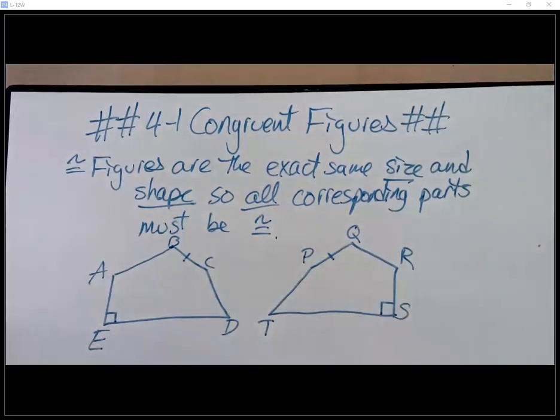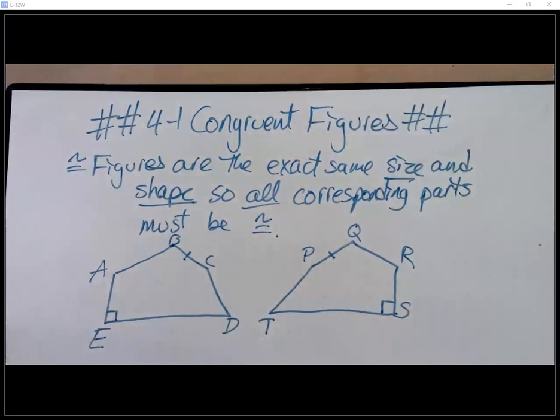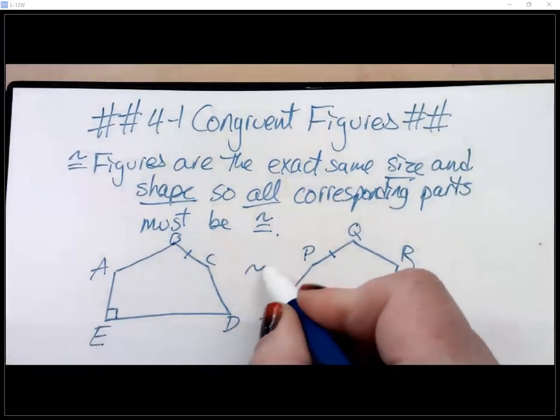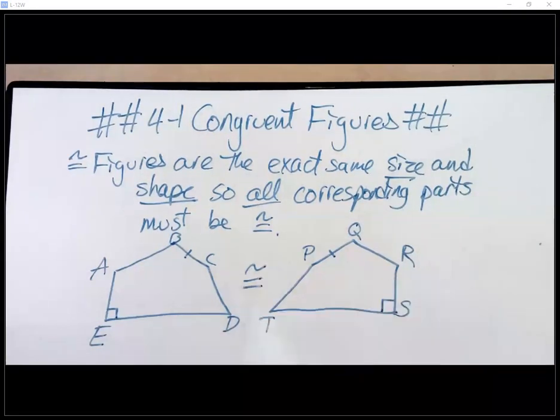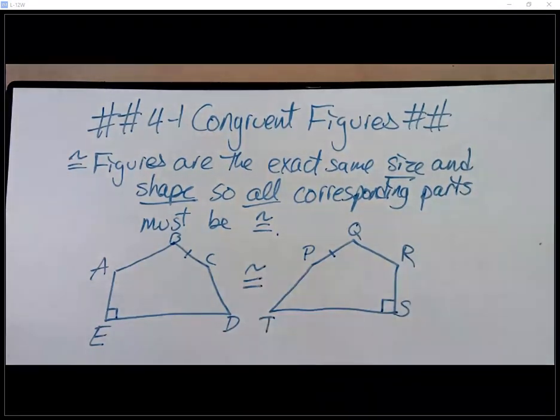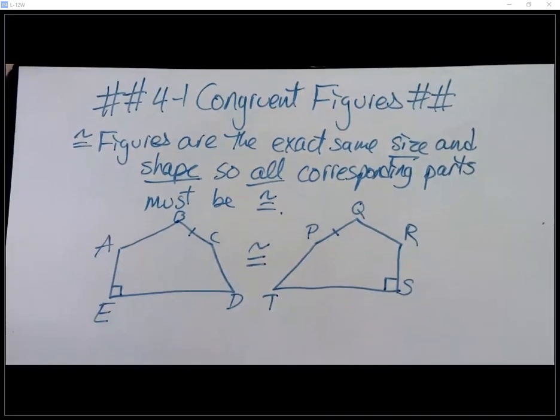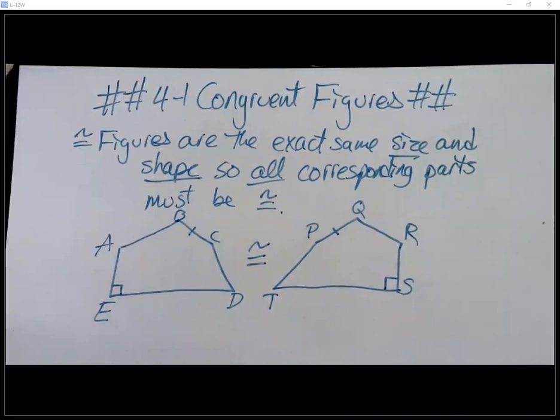All right, so if I know for a fact that I have two figures that are congruent to each other, so let's say it's given to me, hey, yes, these two things really are congruent, that gives me so much information. All right, so first of all, what we like to write, once we establish that two figures really are congruent to each other, we write what is called a congruent statement.